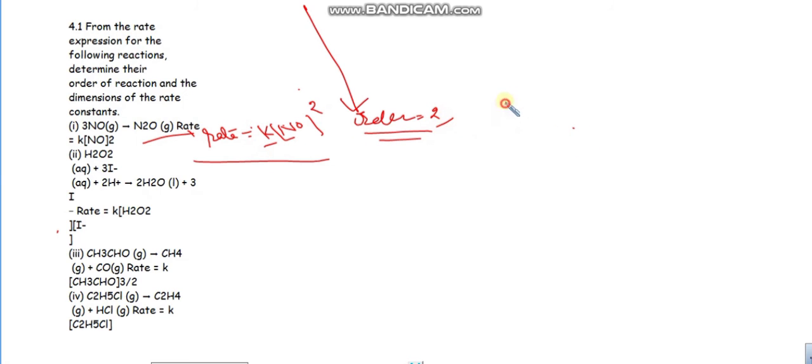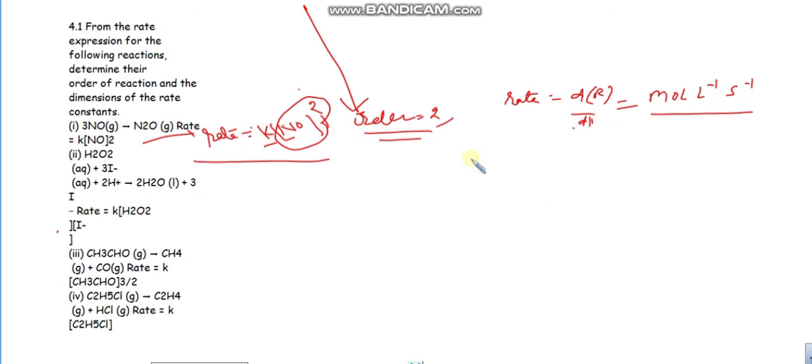So you know rate is equal to dR upon dt, that is, its unit is mole per liter per second. And what is the unit of this NO2? So we can write rate is equal to K into concentration of NO2 squared. So what is the unit of rate?